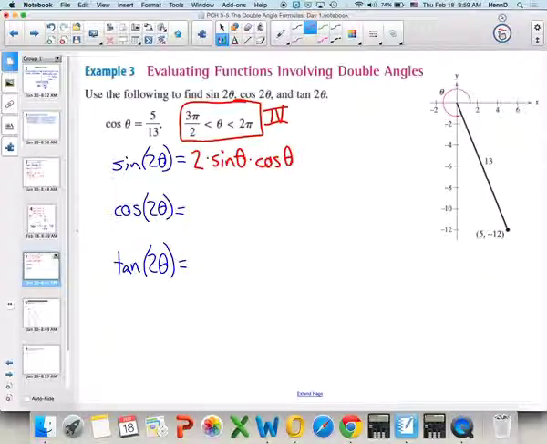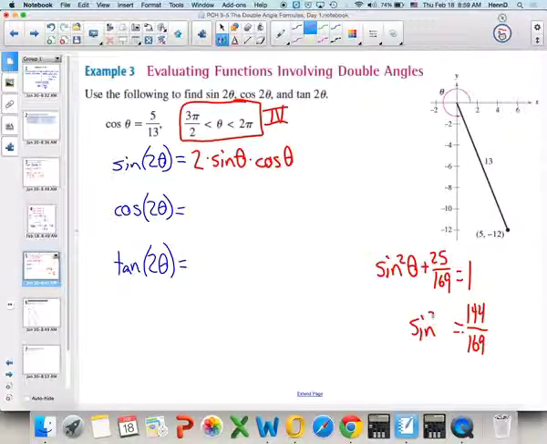Pythagorean identity, yeah, okay. The sine squared plus the cosine squared, which would be 25 over 169, has to equal 1. If I subtract, I get 144 over 169 for sine squared.